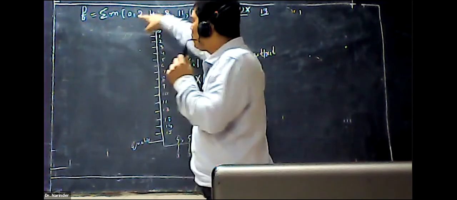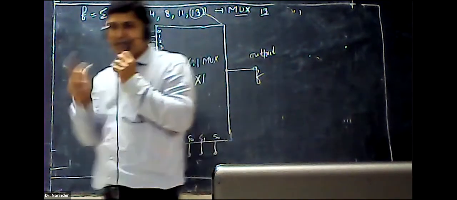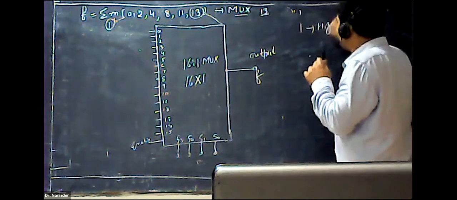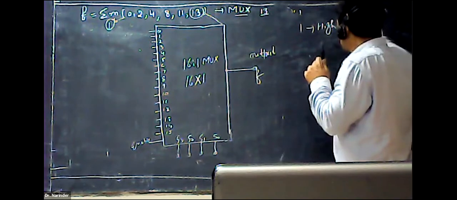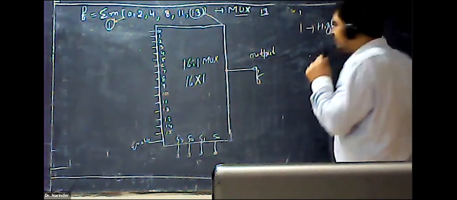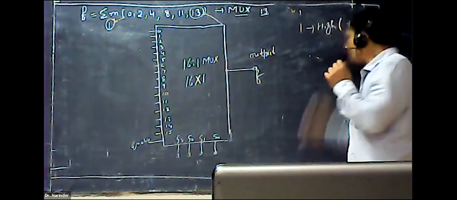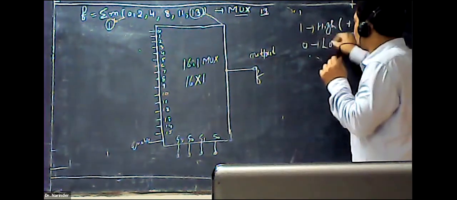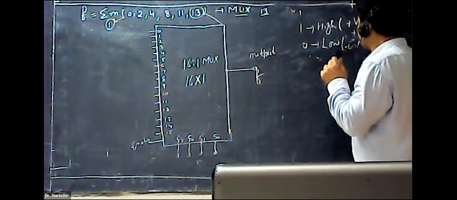Understand it carefully. Whatever values are given, these are ones. 1 means high. In digital, we always take 1 as high, which means plus 5 volt supply, VCC. And 0 means low, means ground.